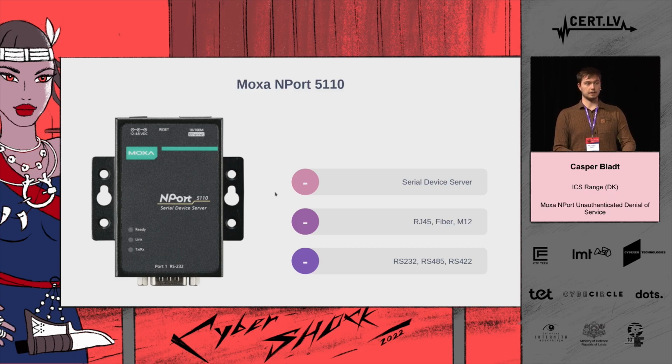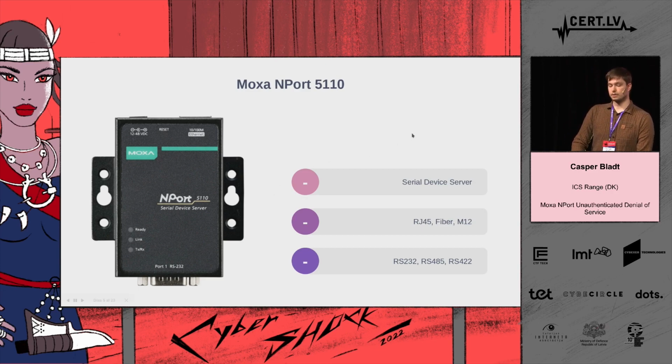But the thing is that they connect to an IP network. So through an IP tunnel, so to say, you can connect to this serial device, and that serial COM port will actually show up on your Windows PC as if you were physically connected to it with a serial adapter.